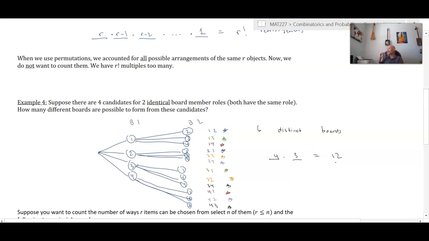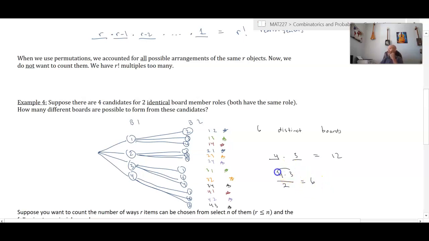But 12 contains 2 multiples of the same 6 distinct boards. So what I need to do is take that 4 times 3 and divide it by the number of ways that I could arrange those same 2 board members. That's going to give me 4 times 3 divided by 2, which is 6.